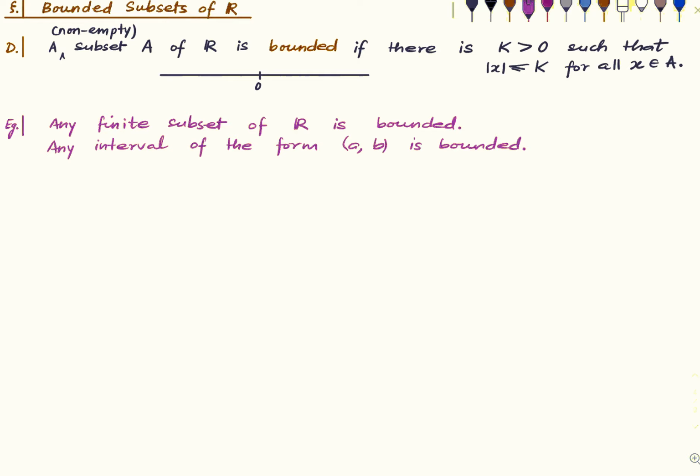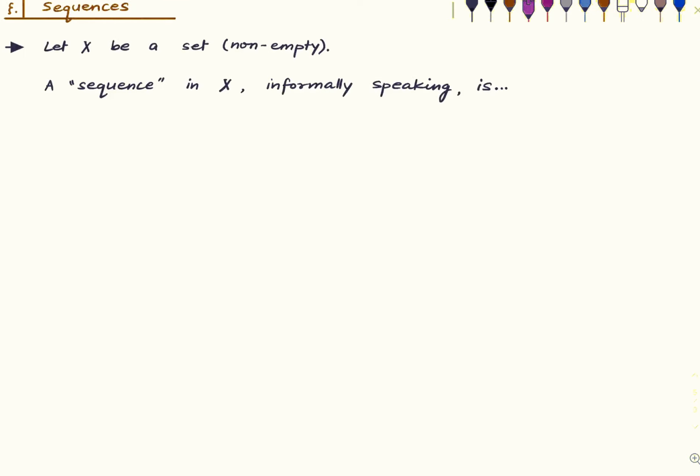Alright, so now we start with the main concept of this lecture. What is a sequence? So fix a non-empty set X, then first we will informally define what is a sequence.